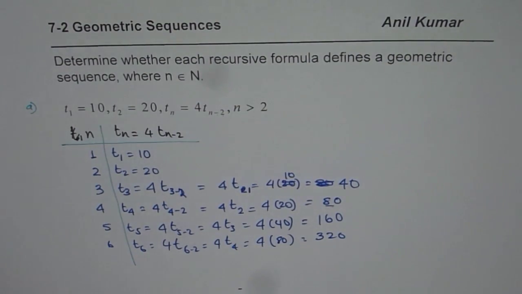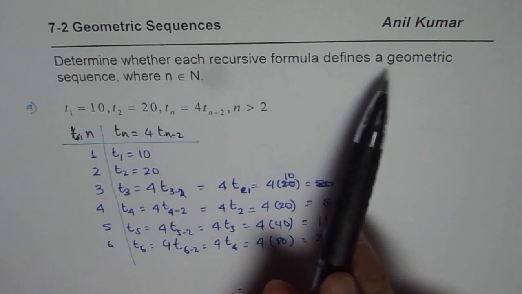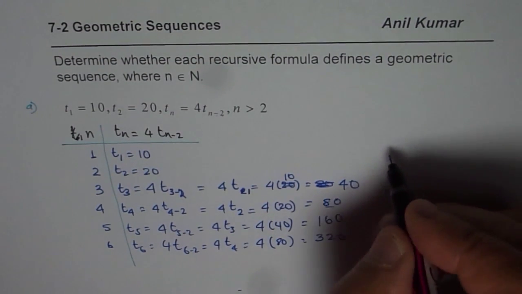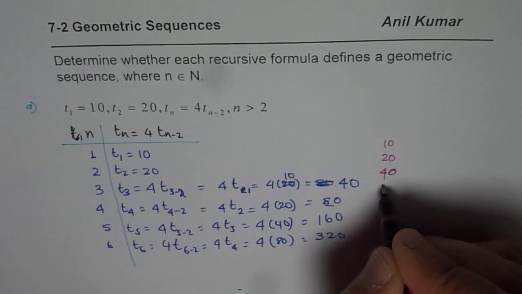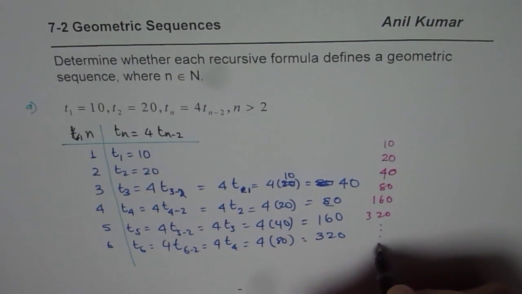Now the question is, determine whether each recursive formula defines a geometric sequence or not. So in this case, what do we observe? The terms here are 10, then we have 20, 40, 80, 160, 320, and so on.